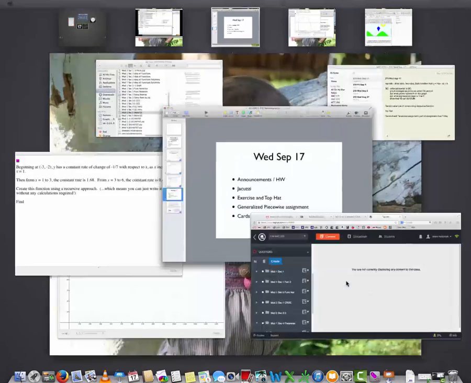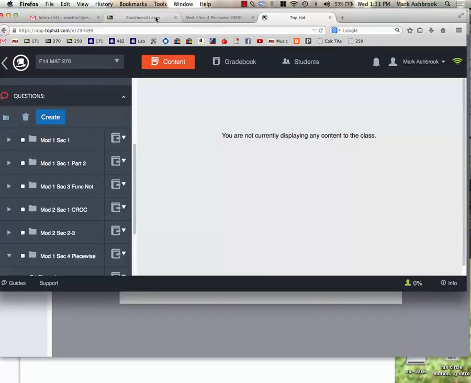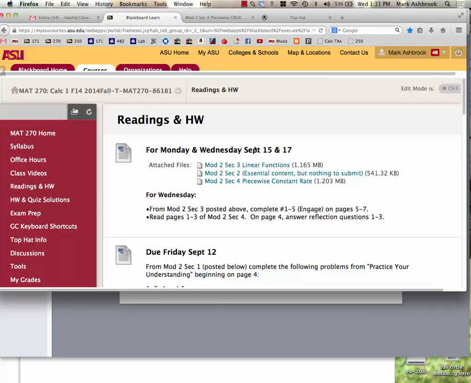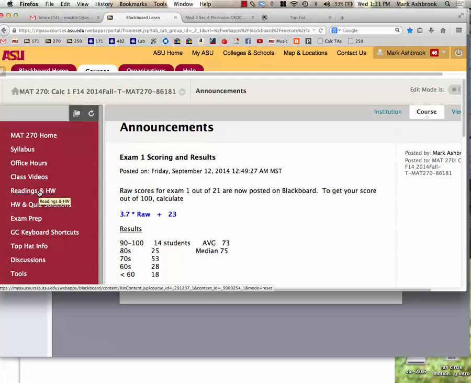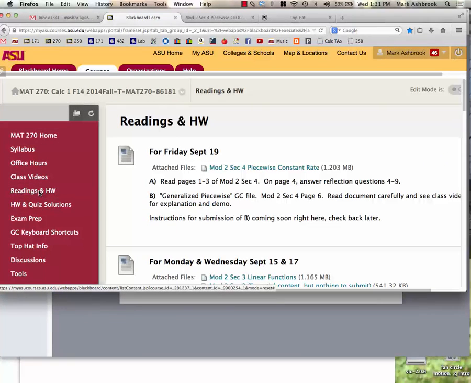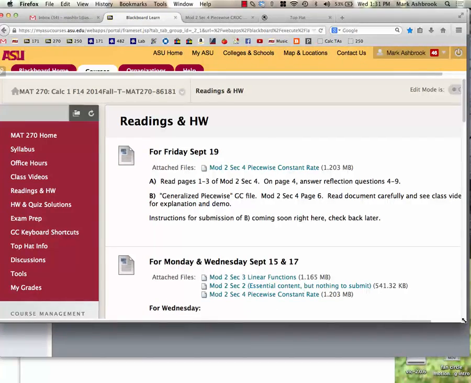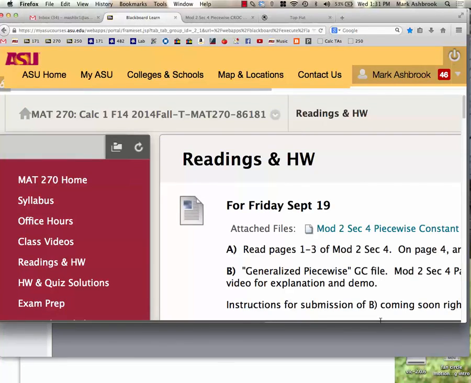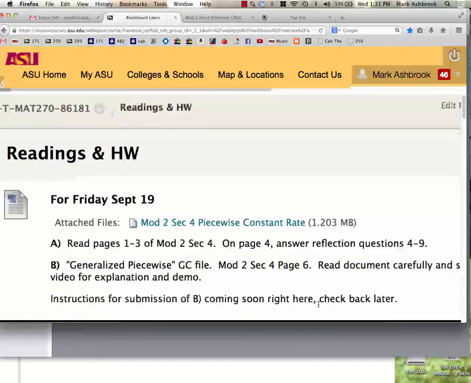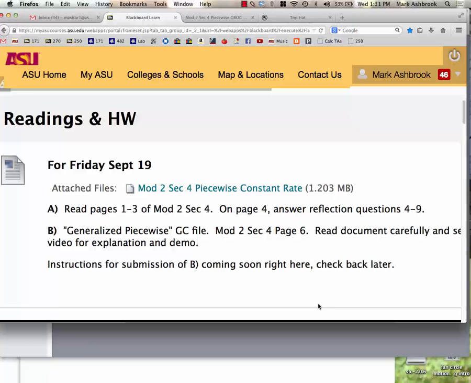I posted homework for Friday. I thought it should be there. Your homework is two parts. You're going to keep answering reflection questions 4 through 9 in that same reading.